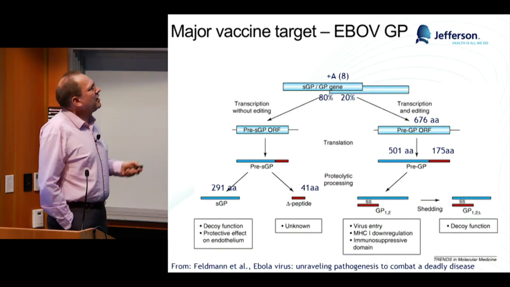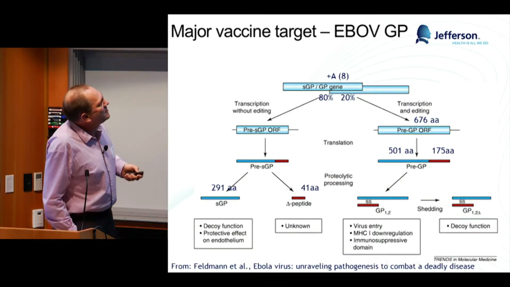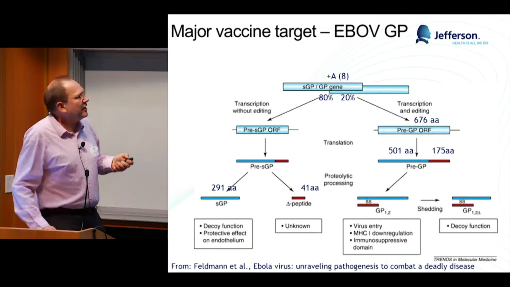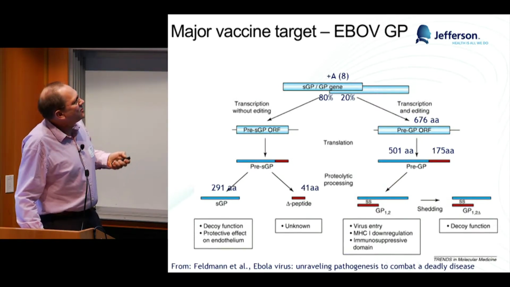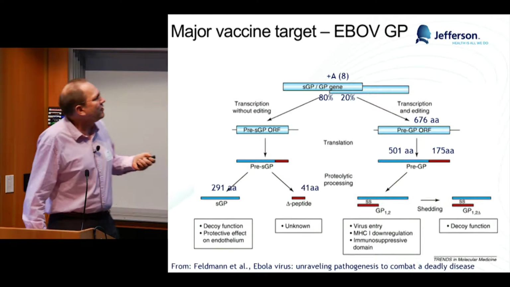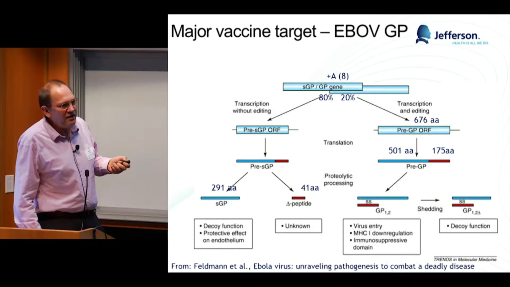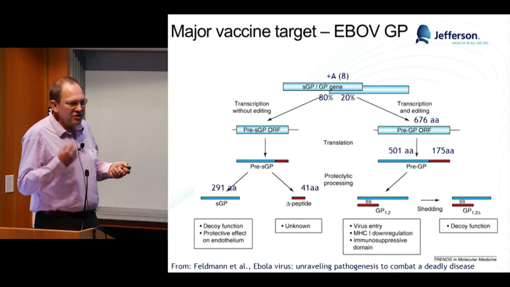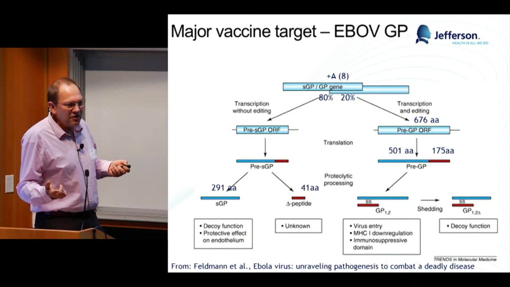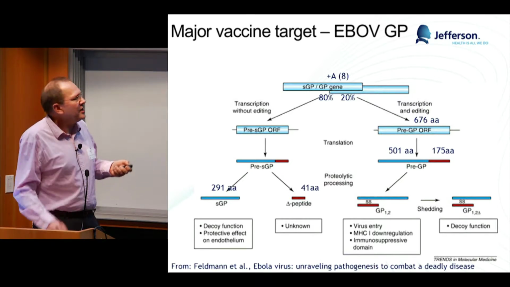What Erika didn't mention is there's also something else about Ebola, not Marburg, but Ebola, which tells you the importance of the antibody, because the virus takes a lot of effort to make soluble glycoprotein, which may be misfolded and which is maybe a target for antibody, just to deplete antibody.